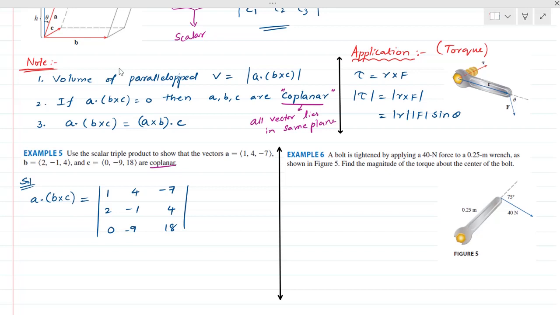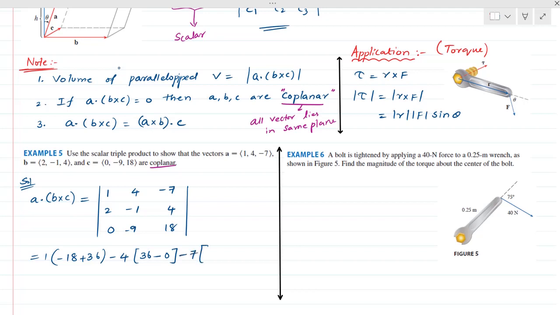So now evaluate this part. It is 1 times, leaving the row and column, minus 18. Minus in the formula, you will have one more minus that becomes plus 36. Next, minus 4 times: 2 into 18 is 36, minus 4 into 0 is 0.